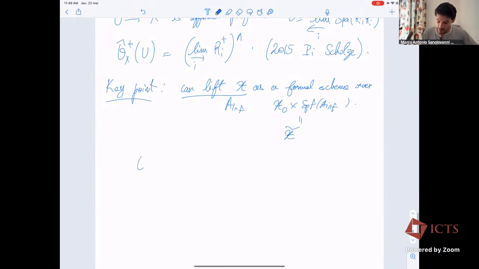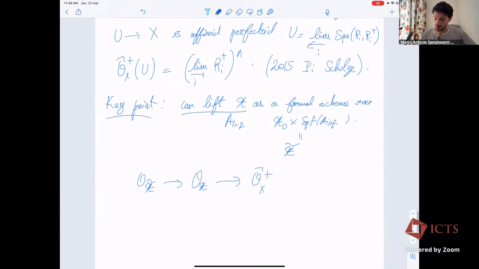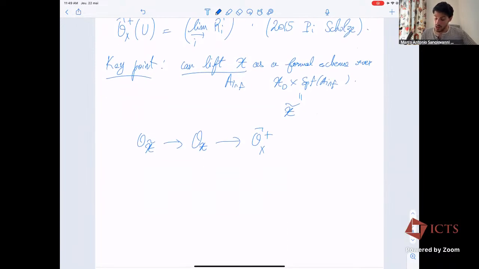And now we have a map of rings. So O_X tilde goes to O_X, this is just reduction modulo Xi tilde, goes to O hat X plus. So I have this map of rings.